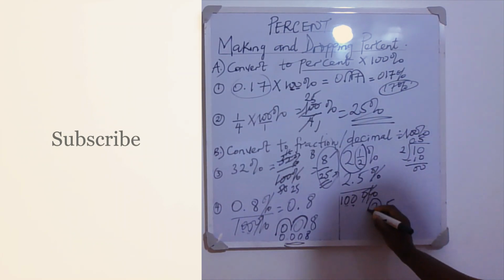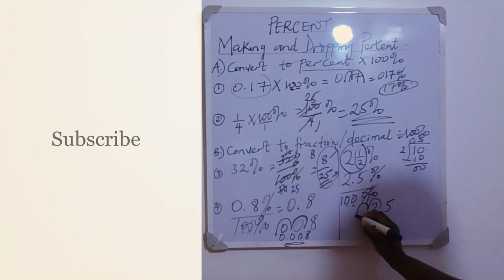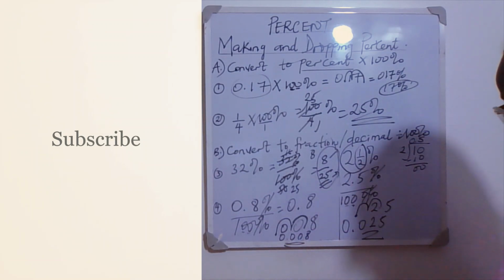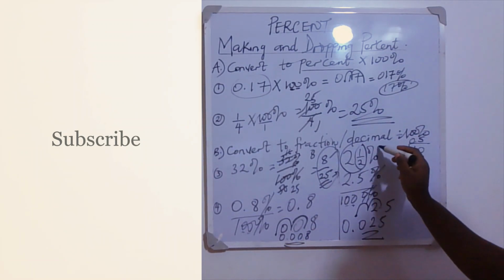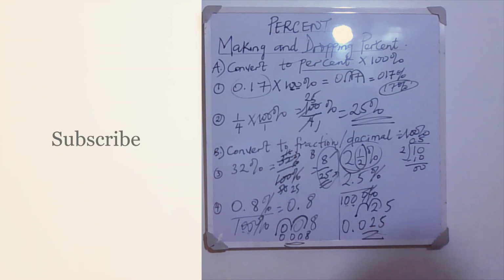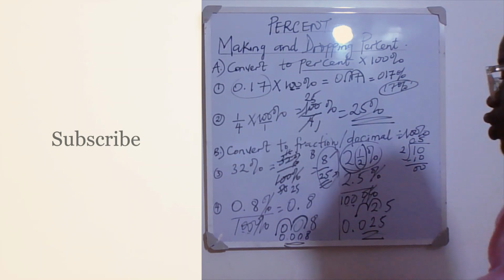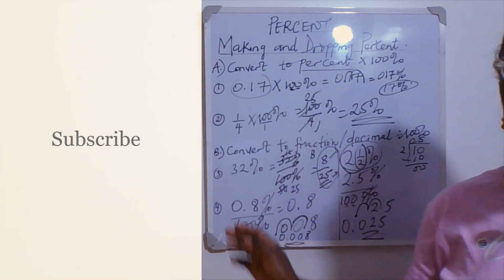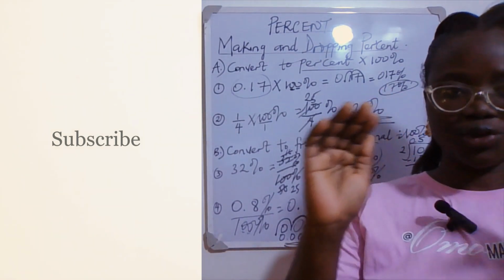So we have 1, 2. The decimal point stops here. Remember, a number comes before the decimal point, which is 0. There is nothing here, so it is 0, 0, 2, 5. So we've achieved our aim, which is that we've been able to convert from percent to decimal. So the final answer is 0.025. And that is so easy and quick to solve.